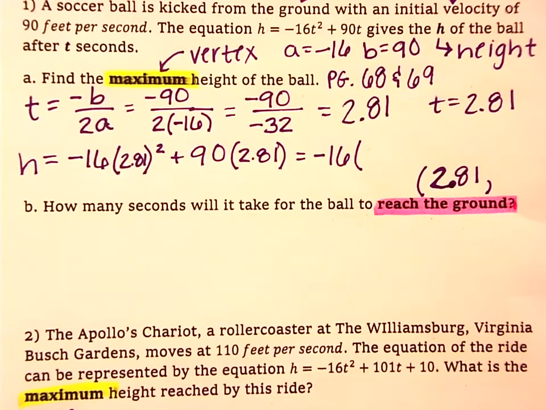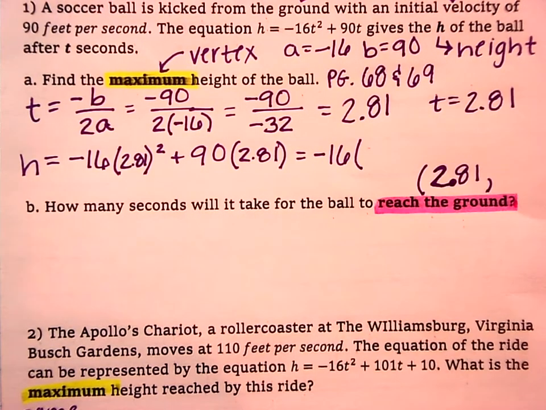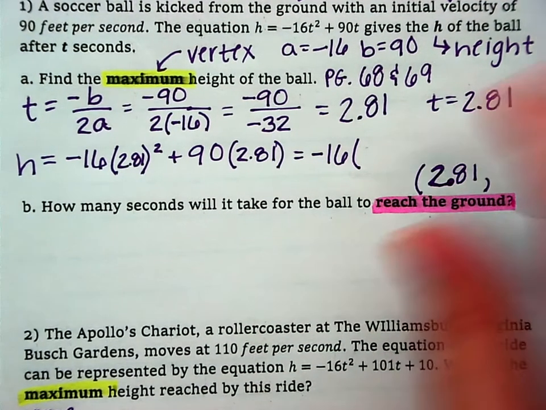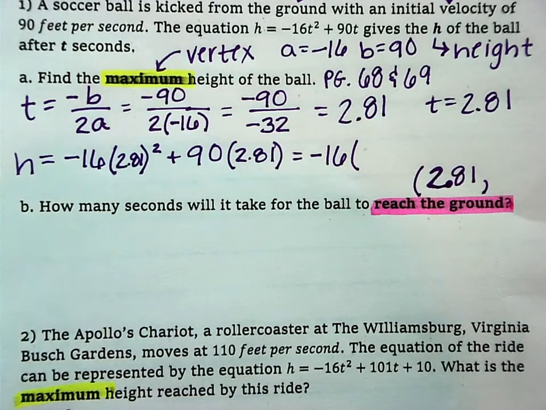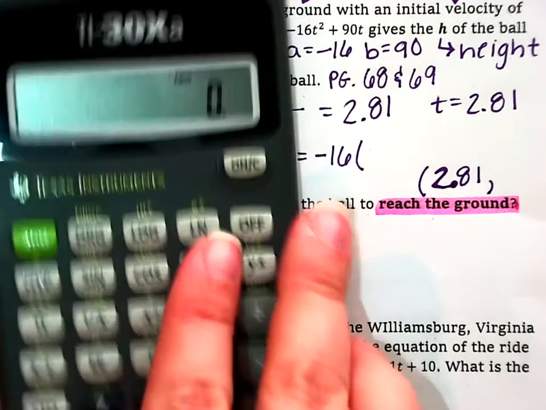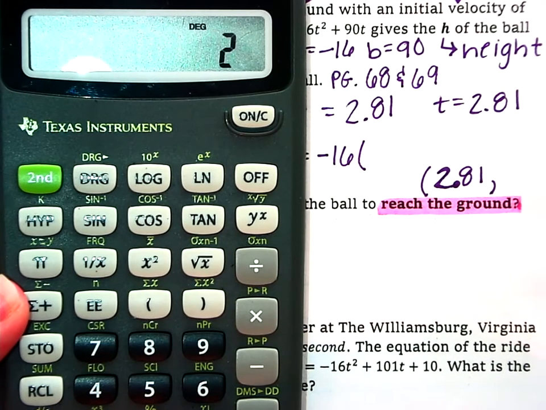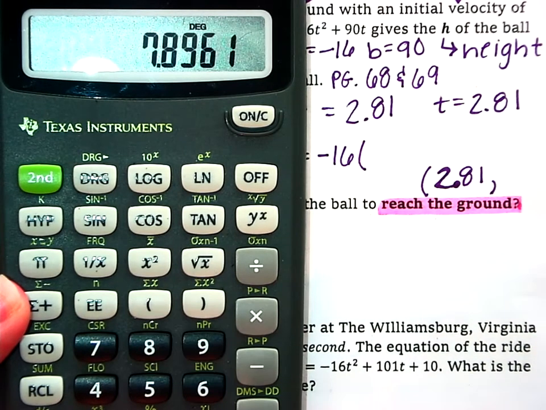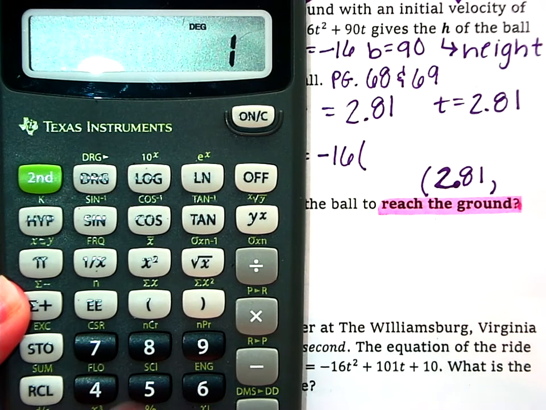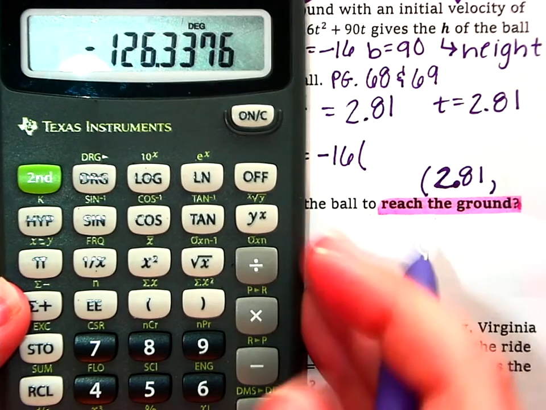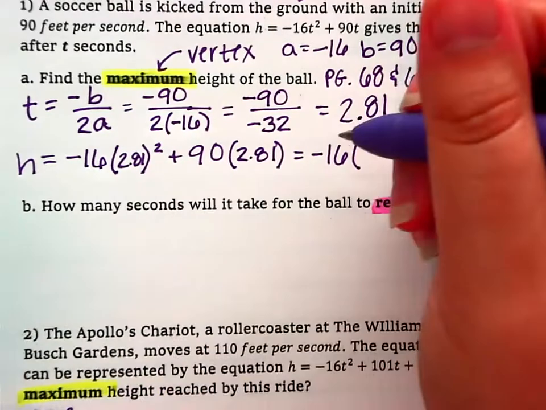Let's actually practice just typing directly in the calculator. So using the approved calculator, we can do 2.81 squared times 16 negative. Okay, so that's going to give us that long number. I'll show you step by step.